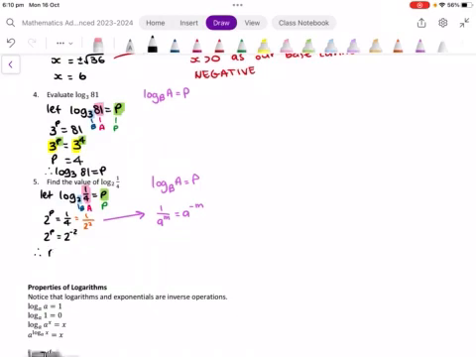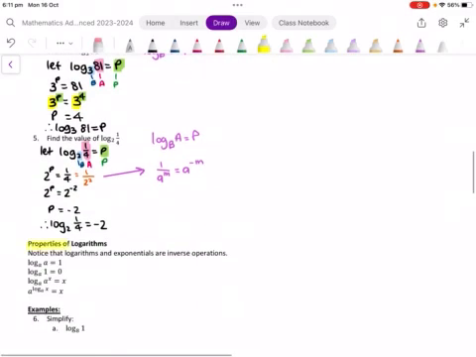So therefore we have p equals negative 2, and therefore we have log base 2 of a quarter equals negative 2. Oops, I want to get rid of those dots. Sorry. Okay. Now that we've gone through that, we're going to have a little look at some properties of logarithms.